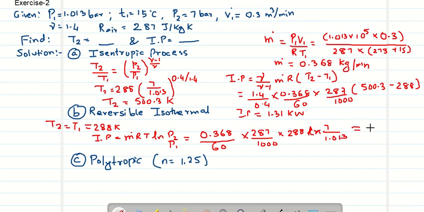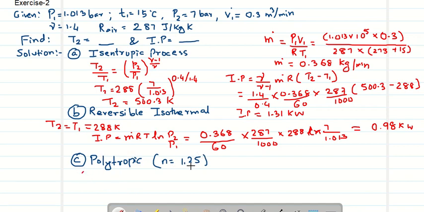So if you solve this, you will get 0.98 kilowatt. So we have got the answers for two processes. Let us do the last process.